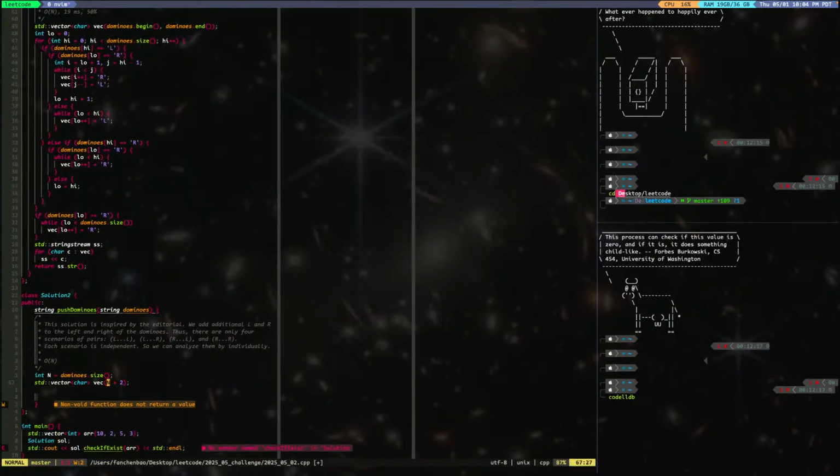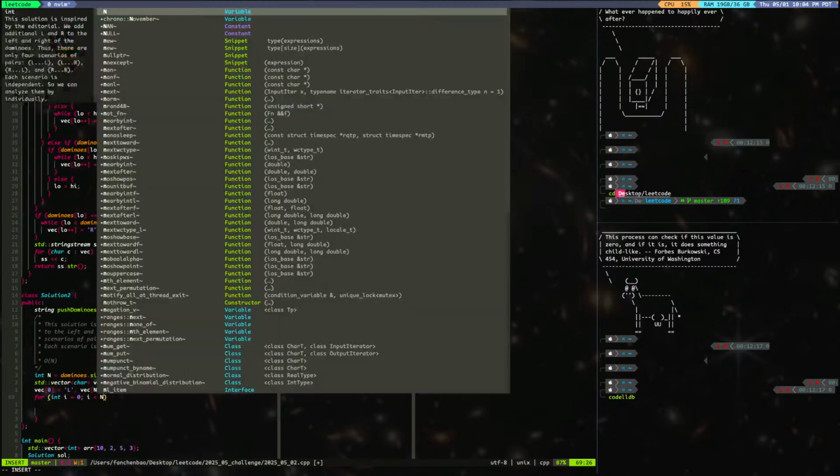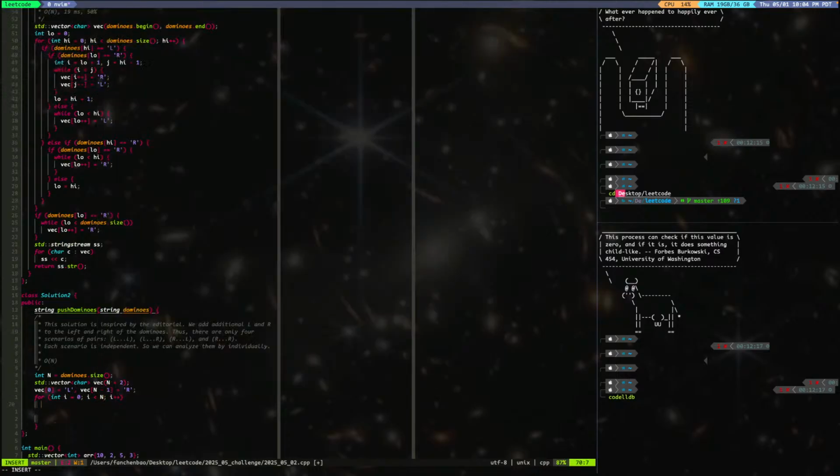Okay, then we say vec 0 shall equal to a left, vec n minus 1 shall equal to a right, right? And then for int I equal to 0, I smaller than n, I plus plus, we say vec I plus 1 equal to dominoes I.